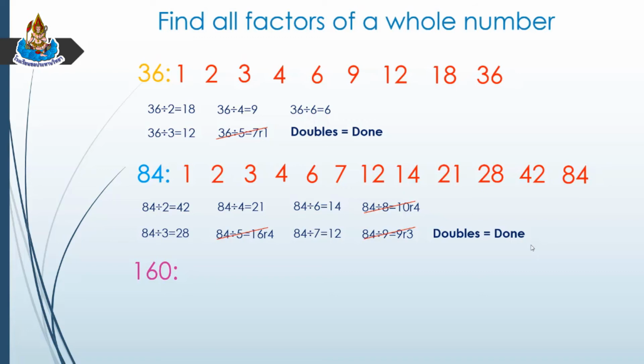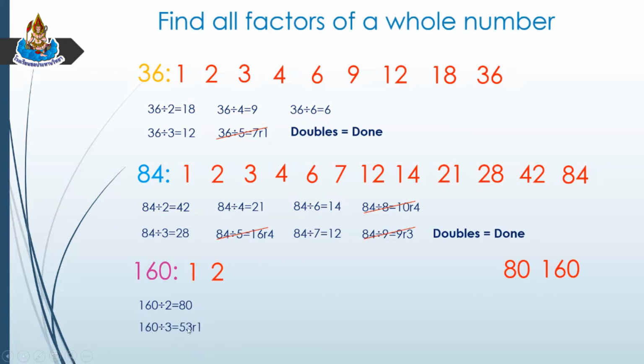Once again, which numbers do we write straight? Yes, 1 and 160. Now divide by 2. We've got factors 2 and 80. Let's try to divide by 3.